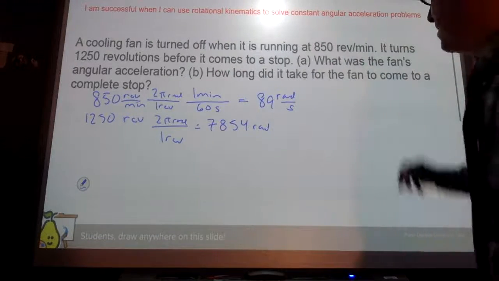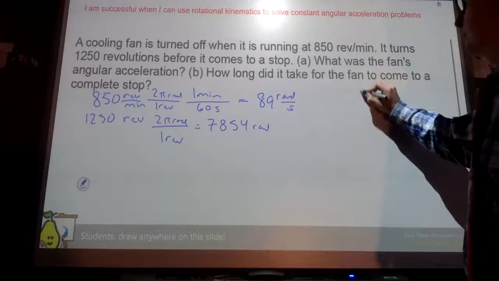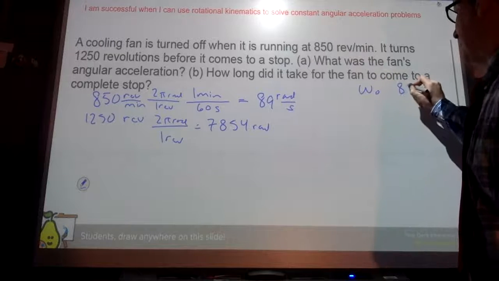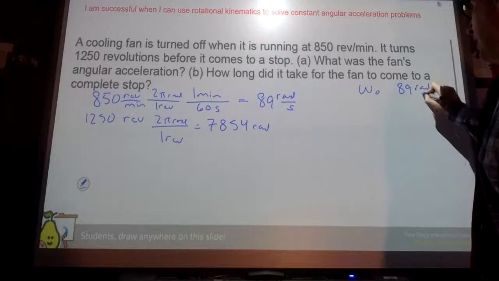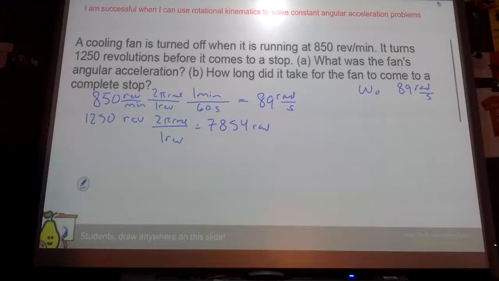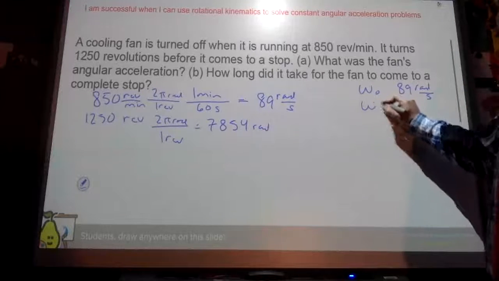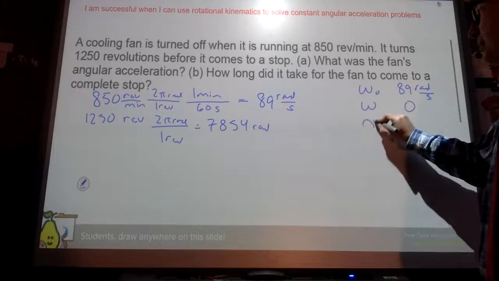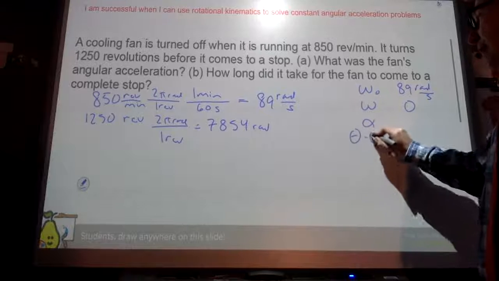All right, so in my chart, my initial angular velocity is this 89. And my final angular velocity is 0. I don't know my acceleration.